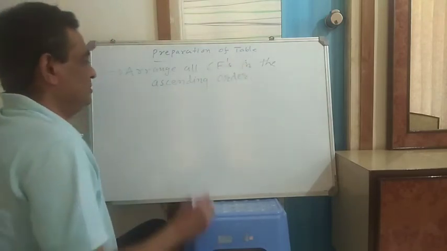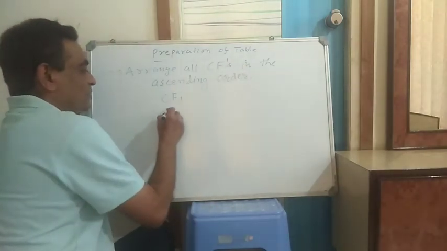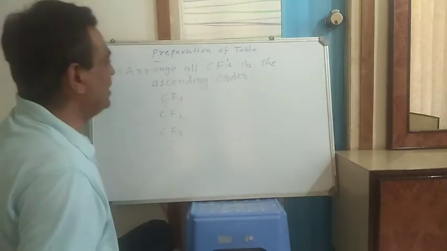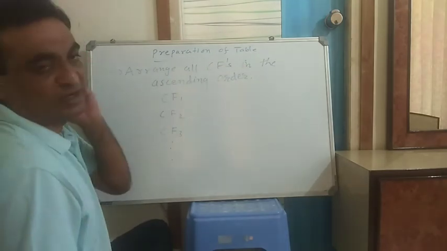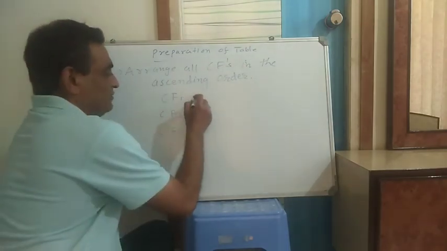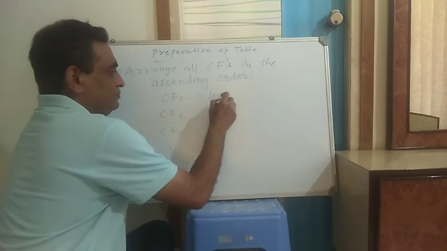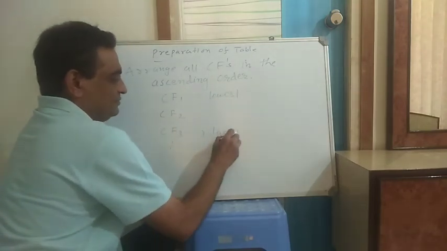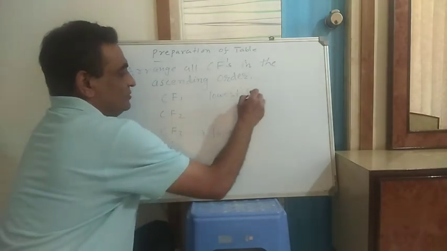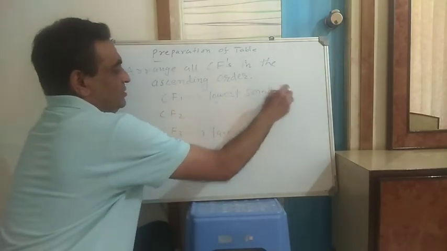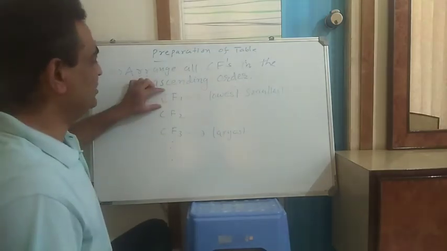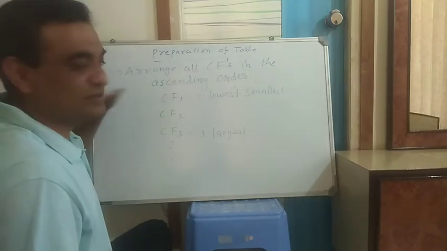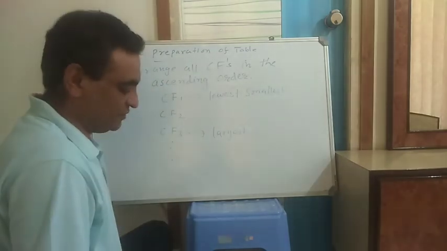It means corner frequency 1, corner frequency 2, corner frequency 3, and so on. Corner frequency 1 should be the smallest and corner frequency 3 should be the largest. So CF1 is smallest, CF2 is larger than CF1, CF3 is larger than CF2 and CF1. So you need to arrange the corner frequencies.